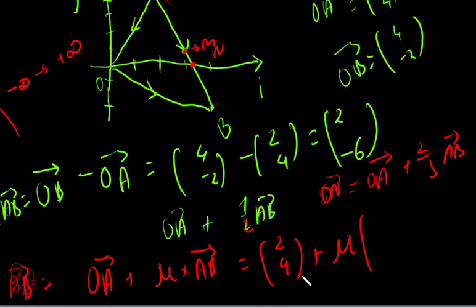Here, A to B is 2, minus 6. Because the constant can take any value, this can be reduced down to 1 and minus 3, which is just 2 times a constant. But since the constant takes values from minus infinity to positive infinity, we're going to leave it as is.